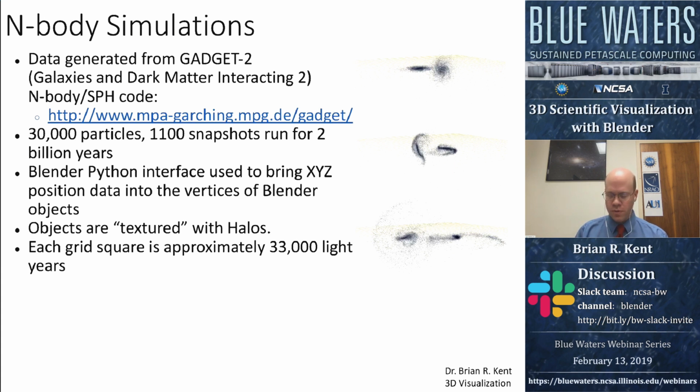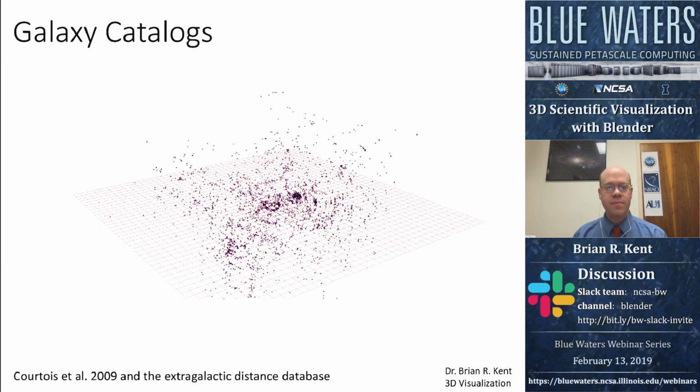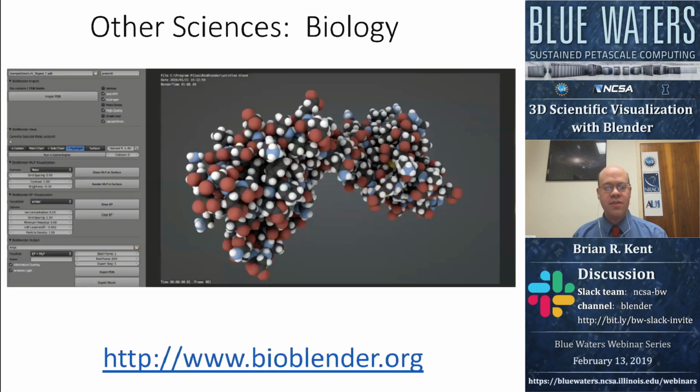So really a wonderful tool for doing n-body simulation rendering. Also, in terms of 3D, I can take the what's called the Extragalactic Distance Database. There's a citation there at the bottom of the page, and actually map out several thousand galaxies in the nearby universe and look and see what those actually look like in 3D.